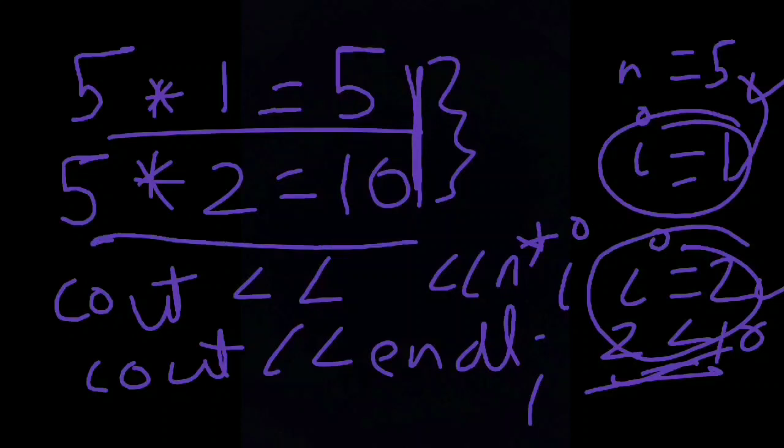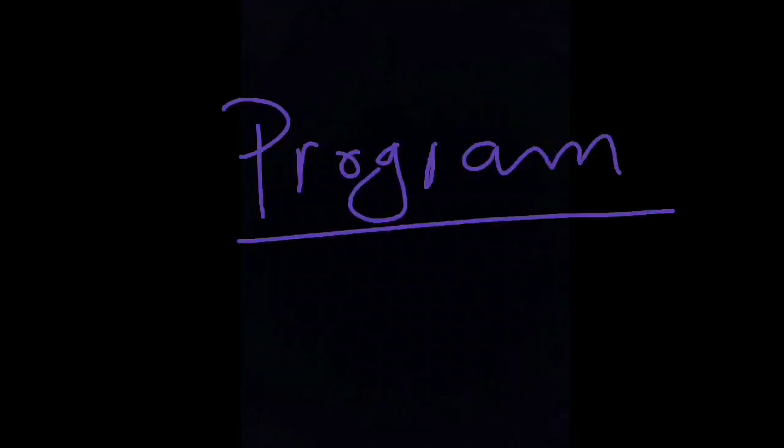So I guess now I have made this question very clear. There is nothing very difficult to explain here. It was a simple thing. We print n, we print i, we print a multiply sign between them, then after that we print equal to, and n into i calculated will be printed.